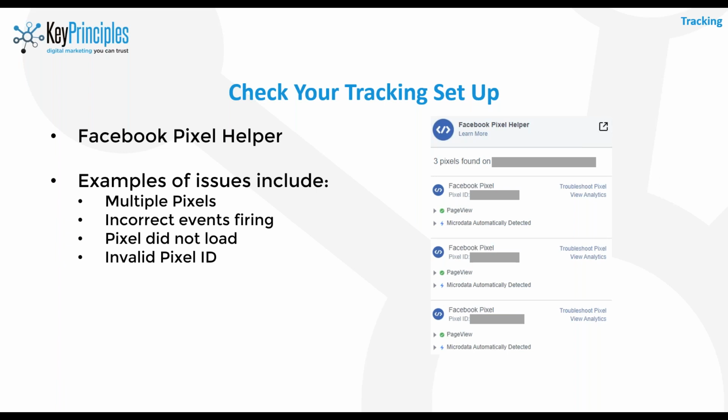And finally, we might even see an invalid pixel ID from time to time. Again, this is an error due to the code implementation. So activity 3 would be to download the Facebook Pixel Helper and just see if you've got any issues with any tracking that you've got on your website.